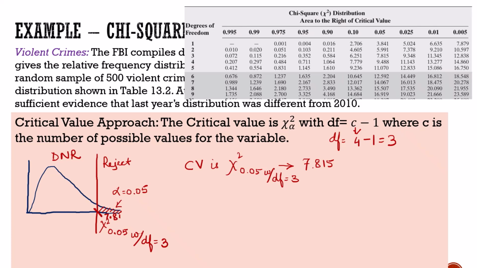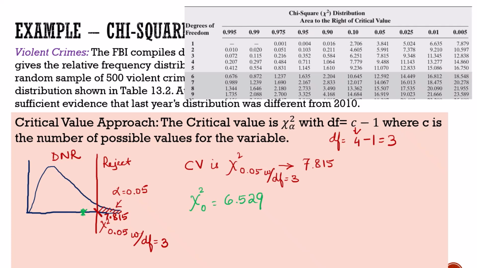And then what was our test statistic value? The test statistic value, which is chi-squared sub 0, was 6.529 that we calculated from our table. And where does it fall on the curve? It falls to the left. It's less than 7.815, correct?